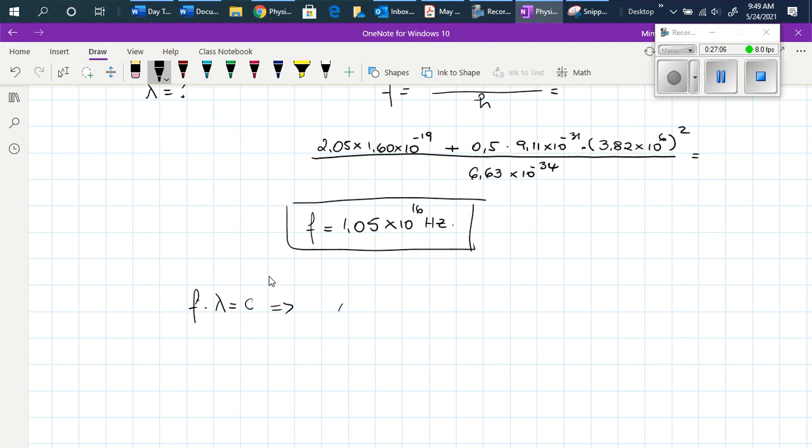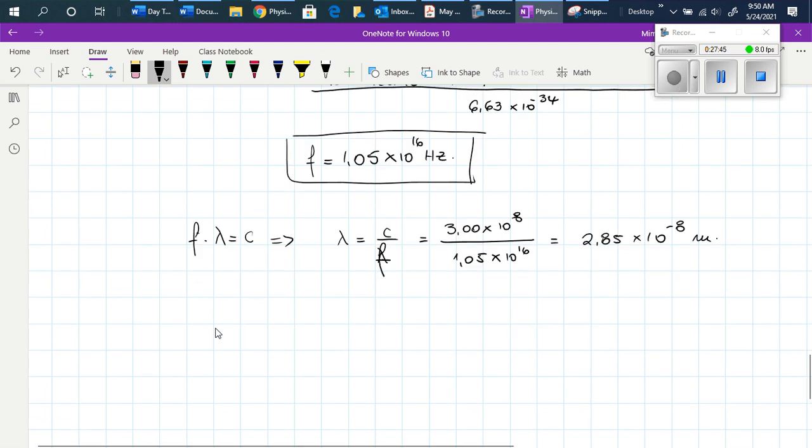From here we find that lambda is equal to c over frequency, and this will be 3.0 times 10 to the power of 8 over 1.05 times 10 to the power of 16, which is 2.85 times 10 to the power of negative 8 meters as the wavelength of this particular light.